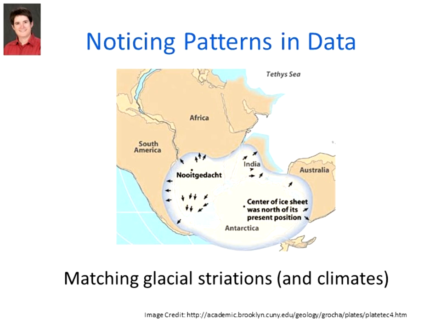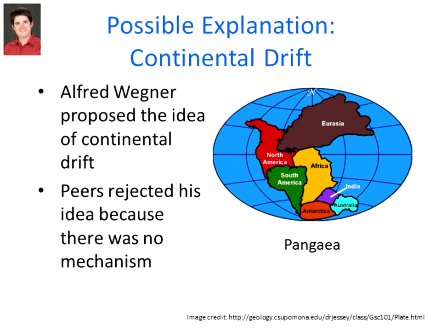So there are all of these patterns. When we start looking across them, they are really very intriguing. So based on these millions of observations, which can kind of be reduced to this handful of patterns, Alfred Wegener in the 1920s proposed the idea of continental drift to explain these patterns.